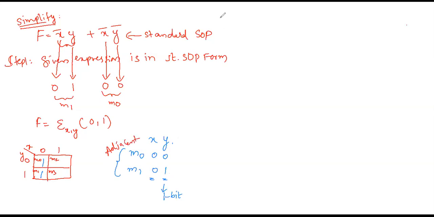So cells with adjacency you can form as a group. I form it as a group, G1. So the final expression F is equal to G1. What is the G1 value?